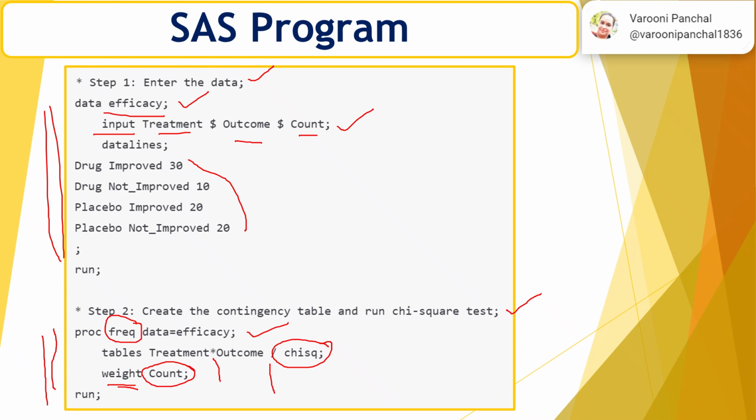You can try it out yourself. Again, you have to put the dollar symbol in front of the character variable. Outcome is also a character variable, so it's essential to use the dollar sign. Here the count is numeric, so you need not put any dollar sign, and it will automatically take the numeric value. You can try this if you have access to your SAS software, which is available as the academic version on the platform.